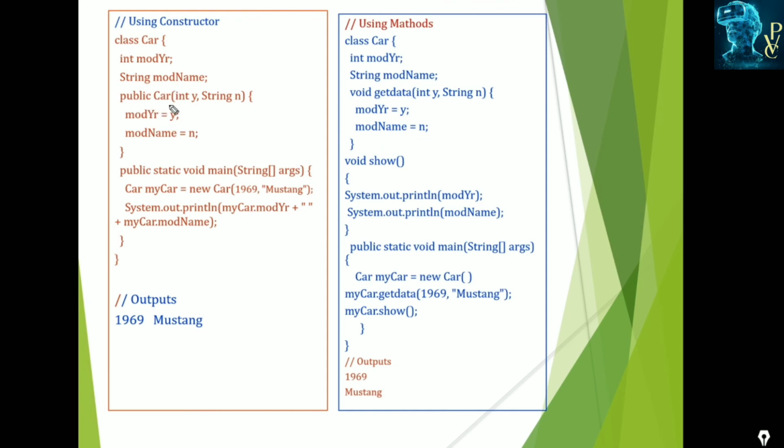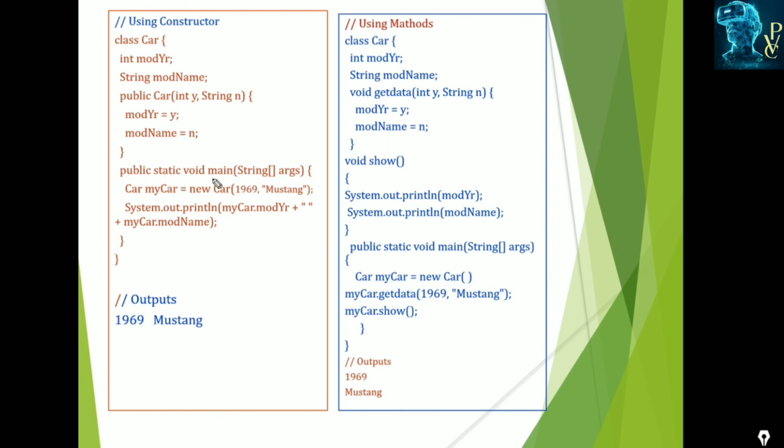Here I defined a parameterized constructor which takes two parameters, one integer and another string. Integer y is assigned to the model year, and the string variable passed is assigned to the name of the model.